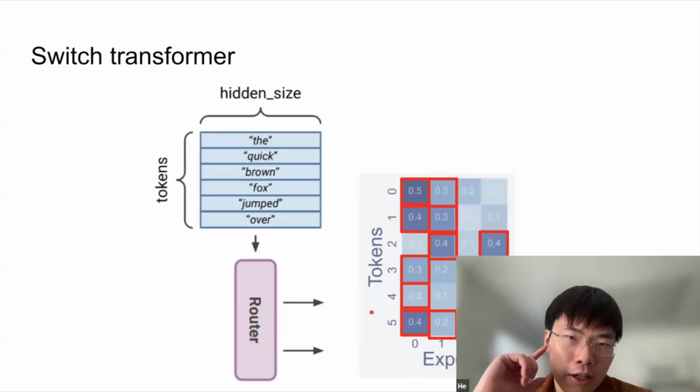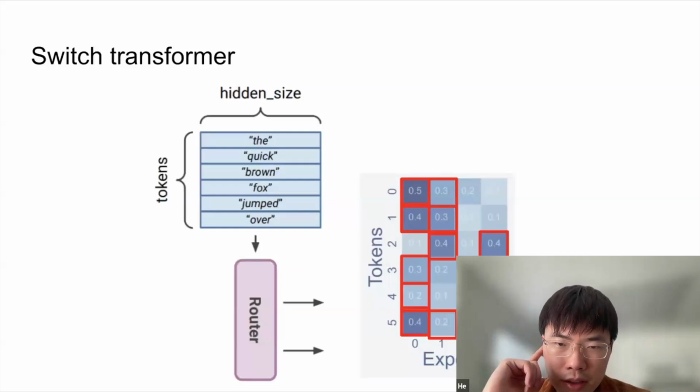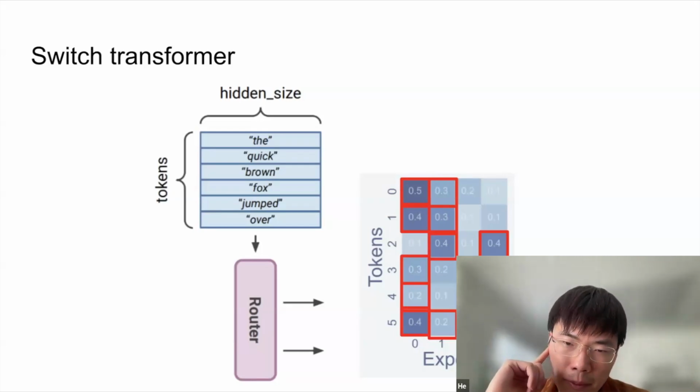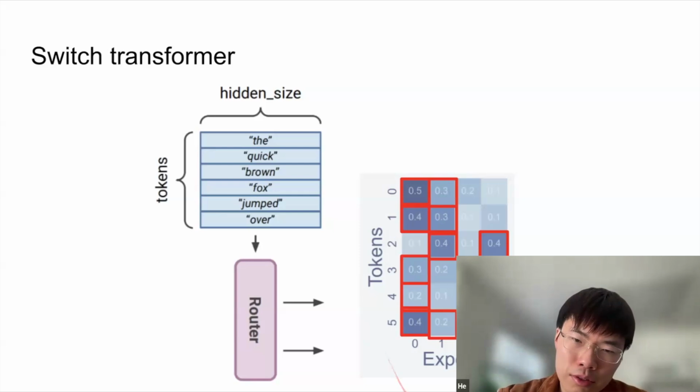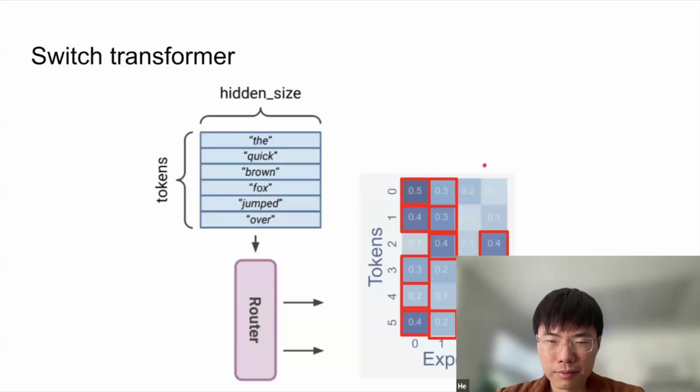Because the way parallelism works is the tokens are usually distributed on all of the GPUs, but the experts are distributed on different GPUs. Say if you have four GPUs, 0, 1, 2, 3, they are distributed on those four GPUs. That makes sense. I was looking at it sideways, and now I see what you're talking about. Great. Cool.